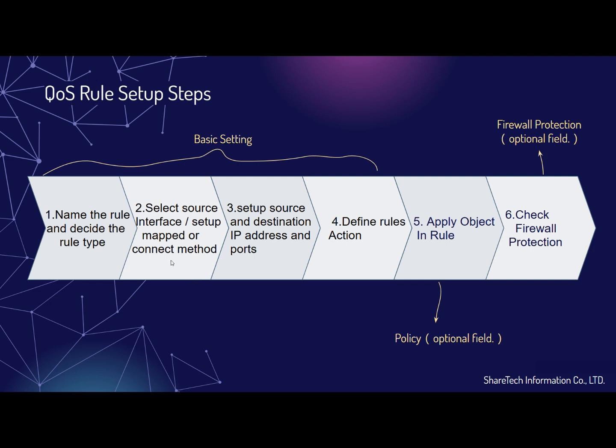This is the procedure for setting the rules. If we want to include QoS in the rule control, we usually set up QoS before the rule control steps. Then we add it in the fifth step.